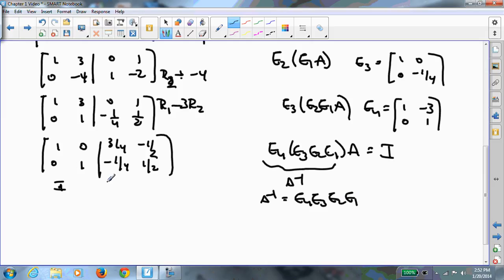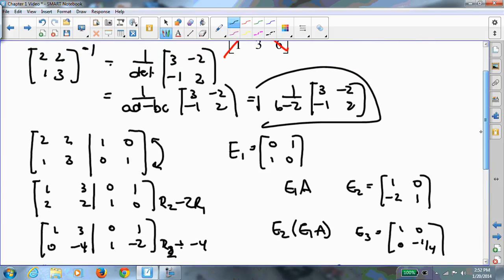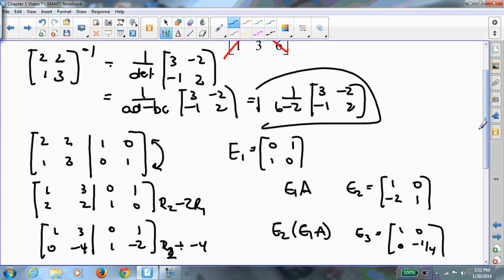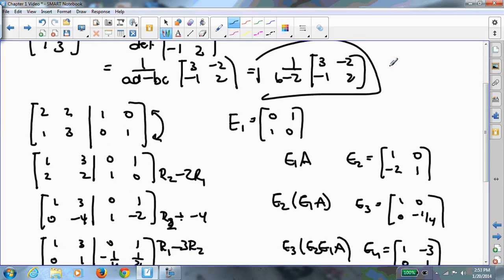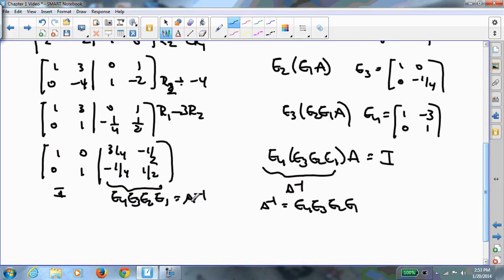But that is exactly what I was doing over here on this side, because I had E1, and then I multiplied that by E2, E3, and E4. So over here, I hopefully have A inverse. So if I look at my original, 3/4, negative 1 half, negative 1/4, 1 half, it does check out with this up here. And so A inverse is equal to this.